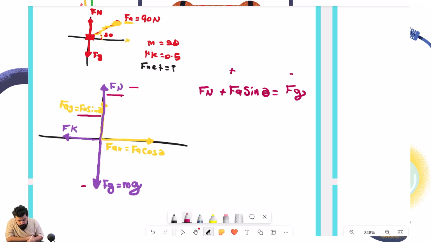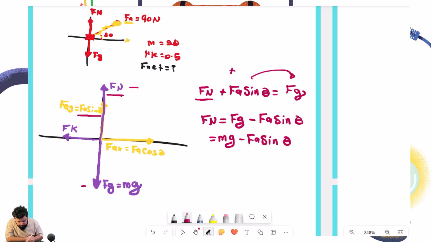Now I'm trying to find this Fn, so move this to the other side. Fn equals what? It equals Fg minus Fa sine theta. Now I said Fg is going to be mg, minus Fa sine theta.